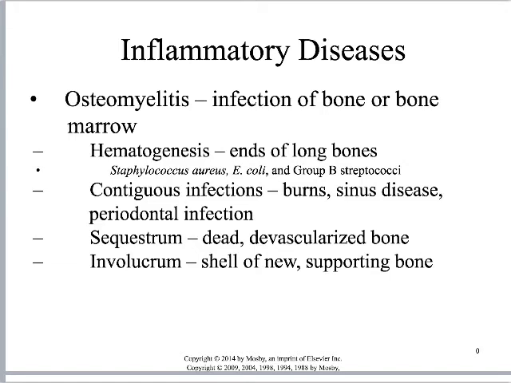And then there'll be an involucrum, which is a shell of new bone that's trying to support that area of death, right? So the osteoclasts are going to work to tear out the parts that are diseased and decaying, and this involucrum is formed to continue the structure, the support, and the protective purposes of the skeleton around the area of infection.